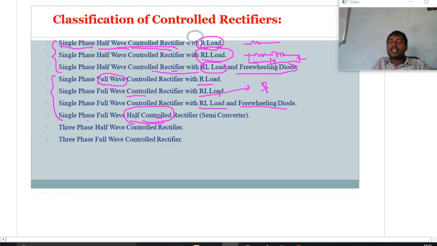Half controlled or semi controlled, if you look at half controlled or semi controlled rectifiers, two thyristors and two diodes are used, two SCRs used.